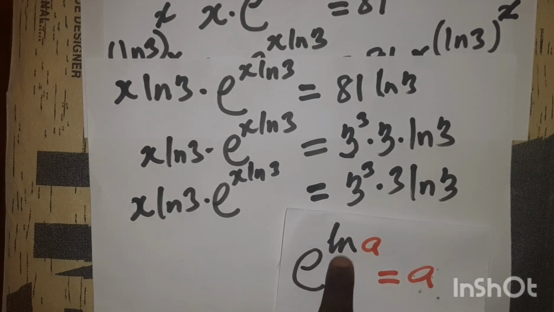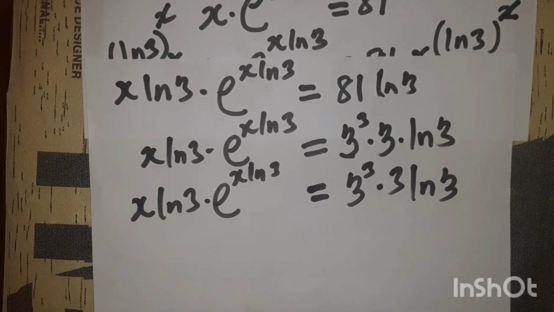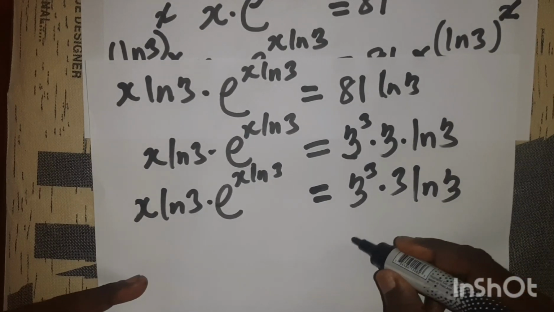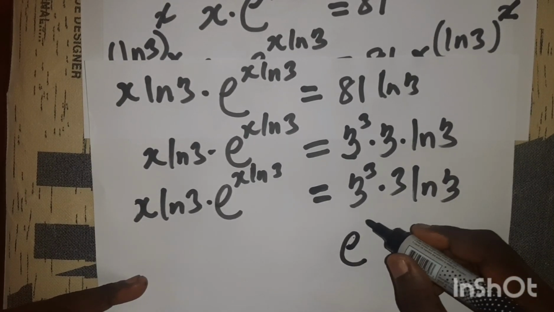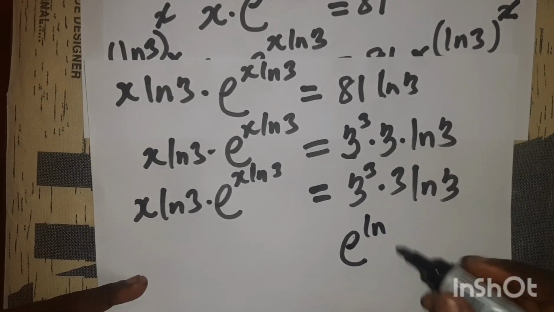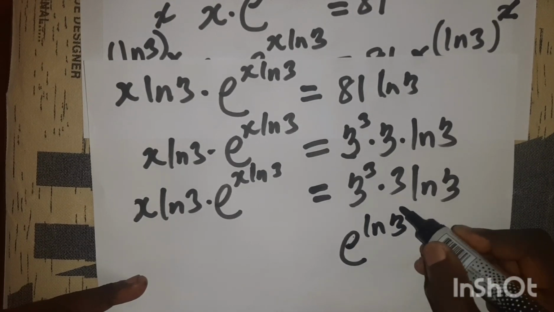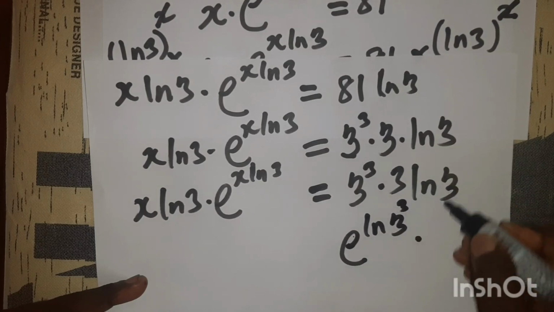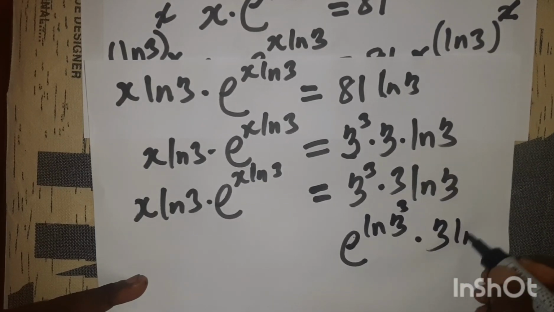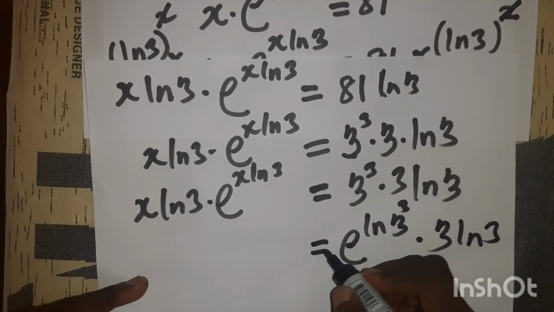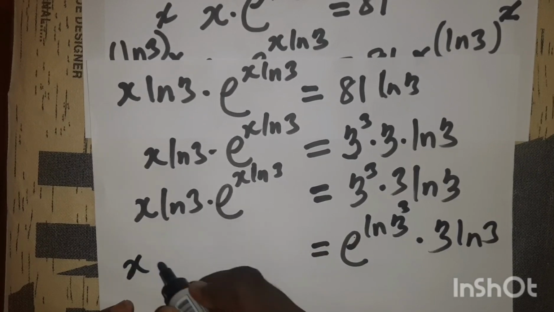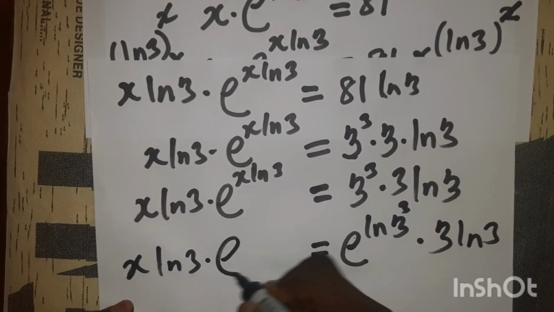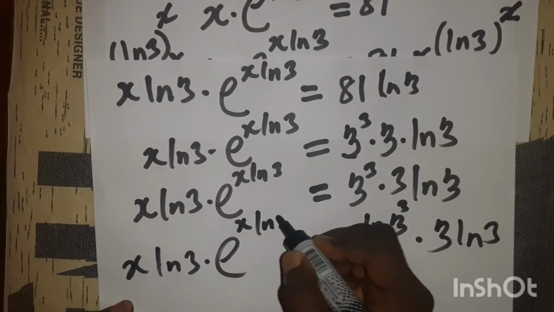So I can write 3 raised to the power 3 in terms of e again, the same thing I did. Remember that e^(ln of a) is equal to a, so I can write this as e^(ln of 3 raised to the power 3), then times 3 ln of 3 equal to, I still have my x ln of 3 dot e^(x ln of 3).